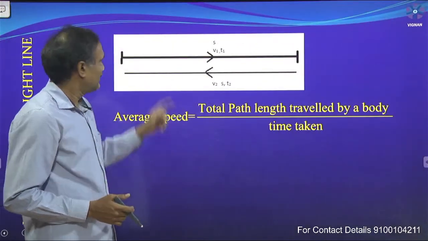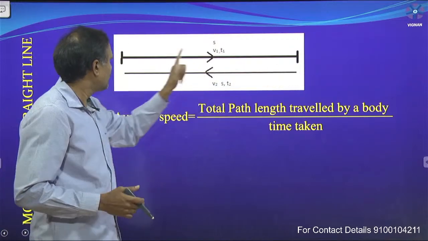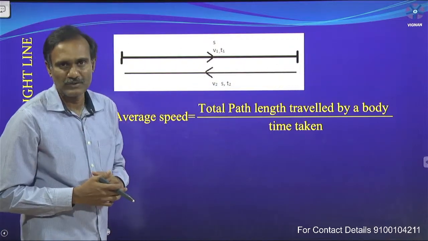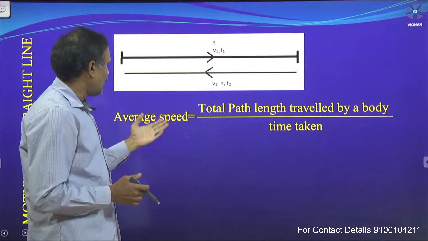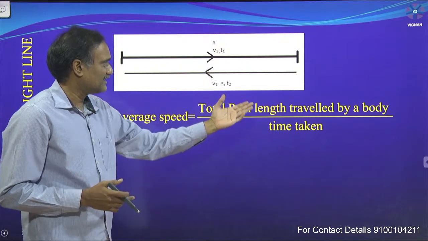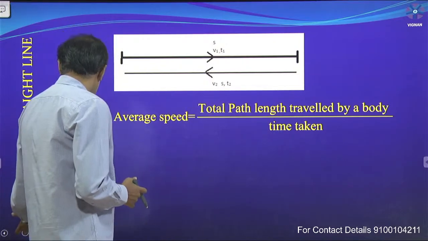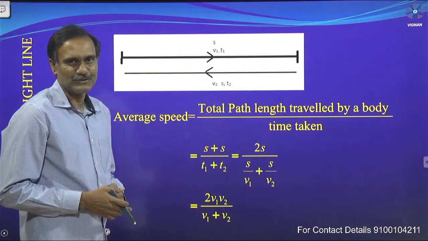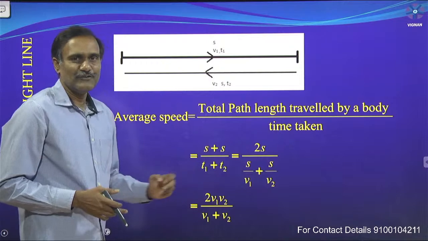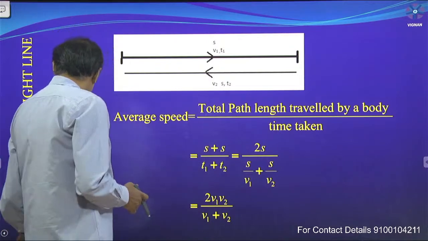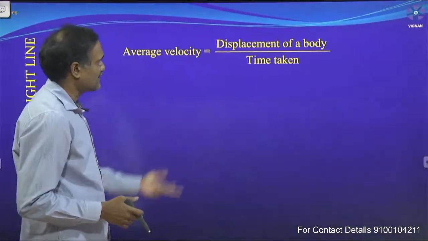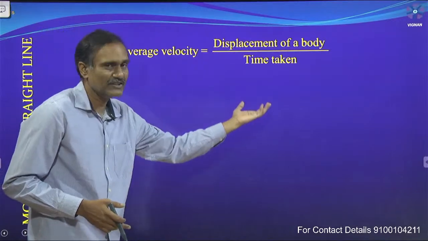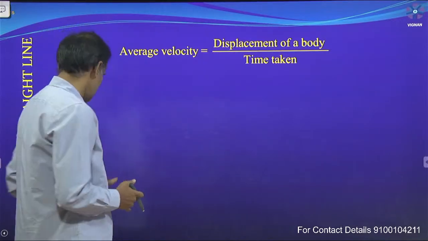Same thing, forward journey and backward journey. Average speed is the total path length travelled by a body divided by total time taken. Then you will get 2 v1 v2 divided by v1 plus v2. Now what about average velocity? Displacement of a body divided by time taken.